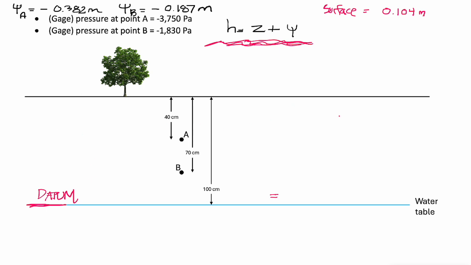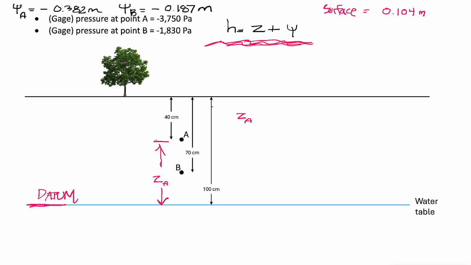So now we need the elevation head of A and the elevation head of B. Let's look at A first. What is the elevation head at A? What we want is this distance here, right? This is going to be Z of A. Notice that it is above the water table, so it is going to be positive.